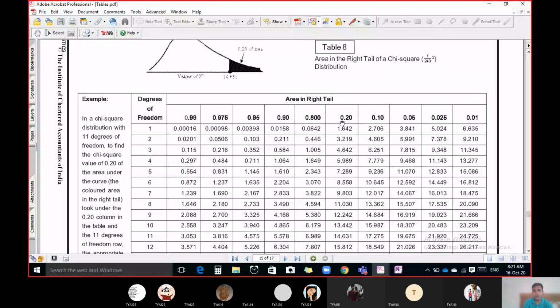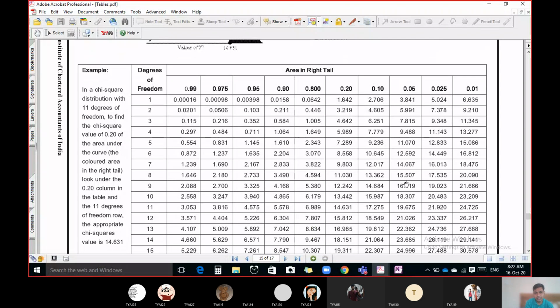So here, if your alpha is 5%, and degree of freedom is, let us say, in the previous question there are 7 days, so 7 minus 1, 6. So the value for 5% for degree of freedom 6, that is 12.592. This is the way to find out chi-square tabulated.